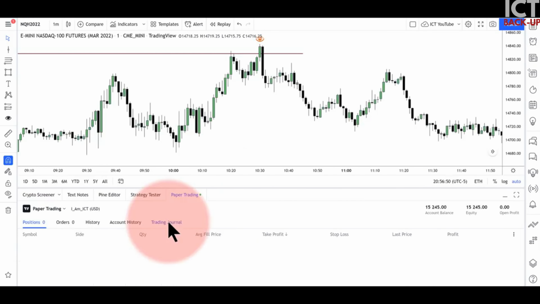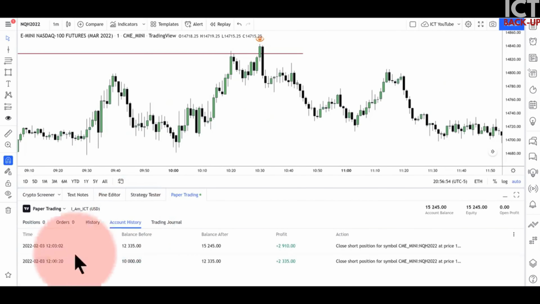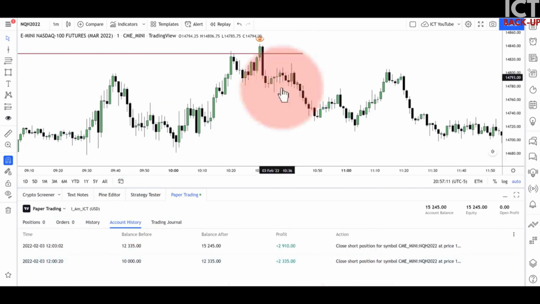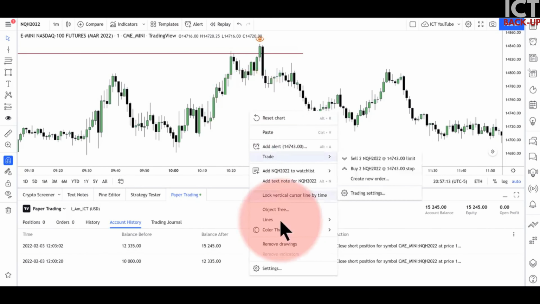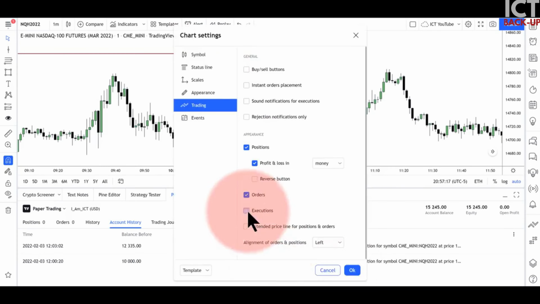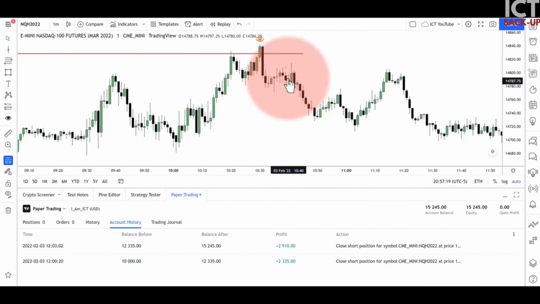Oh, I said we were going to talk about that. Here is the account history. Here you go, the time. Put a short on. Let's take a look at where that actually occurs on the chart. I'll show you the execution. Right there. 2 minis.